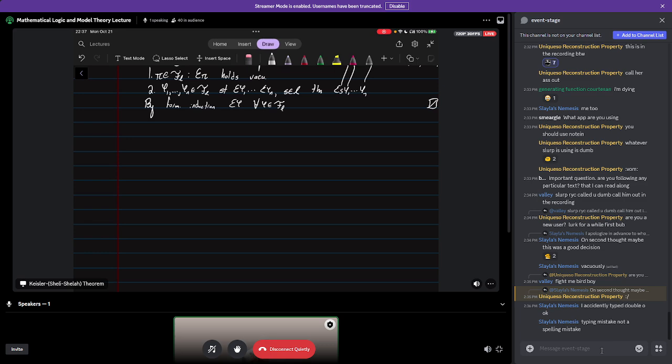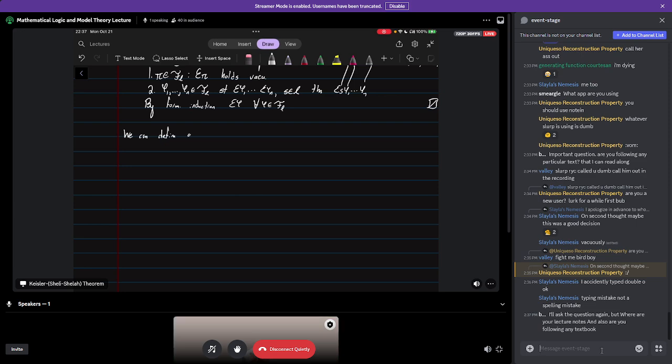So we can define a function f on FL by first defining f of pi for pi prime, and second defining f of S phi 1 through phi n for S in L and phi 1 through phi n in FL.